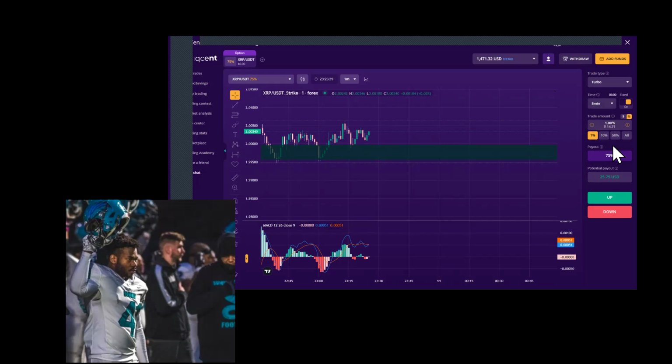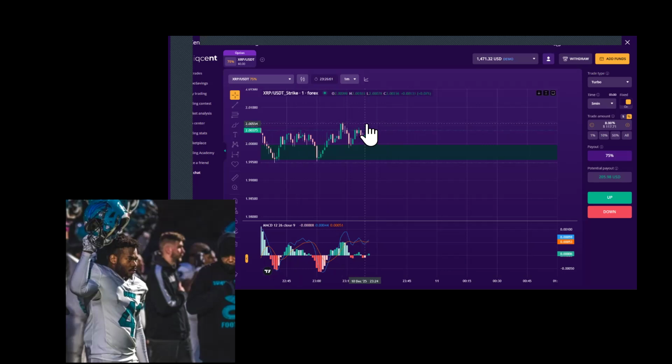But I'm feeling a little different right now. I think I'm gonna do, boom, broke price. If it makes its way up here, then it's gonna continue up for sure.